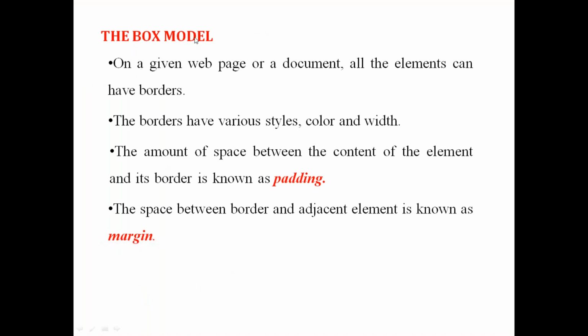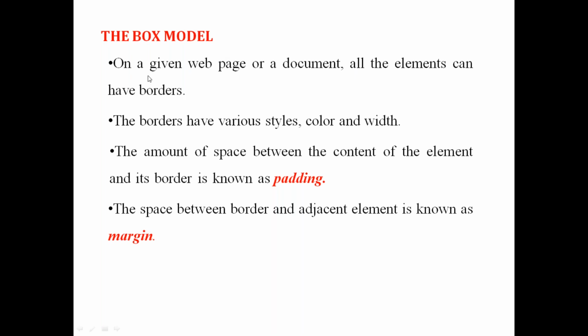So the box model on a given web page, suppose you have written one web page or document, all the elements can have borders. All the elements means the HTML tags or HTML elements. For example, take h1. H1 is an HTML element, written in an HTML document, that is called a web page.